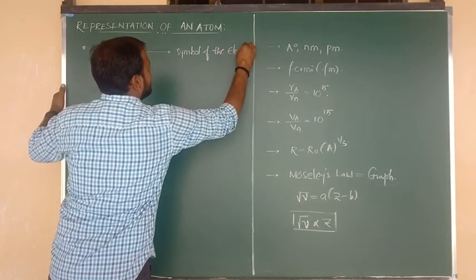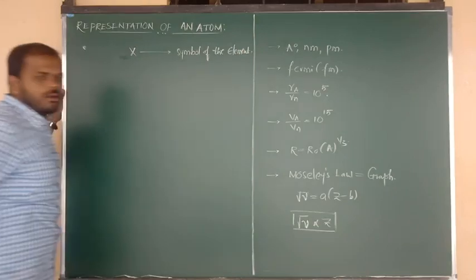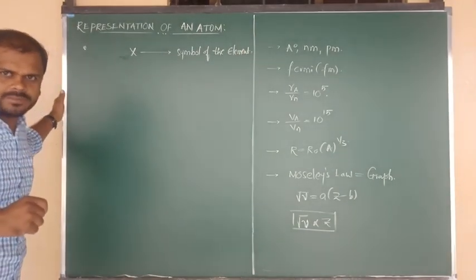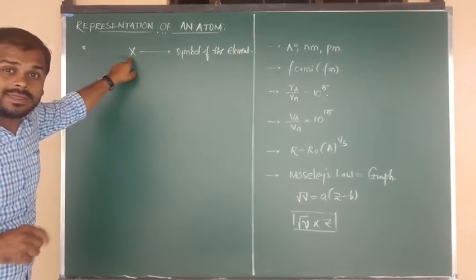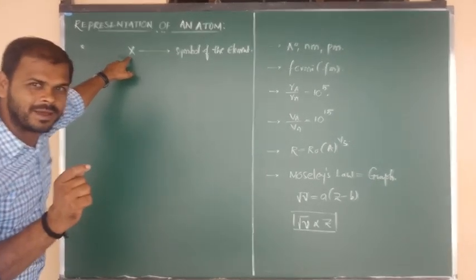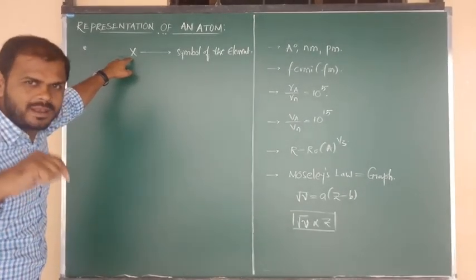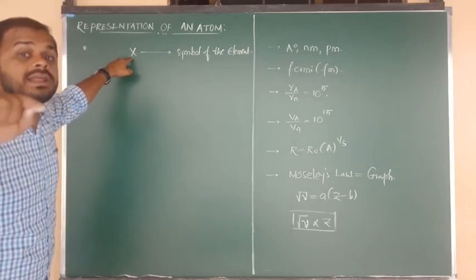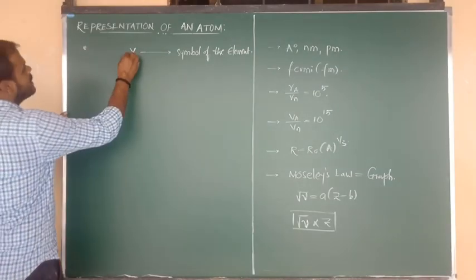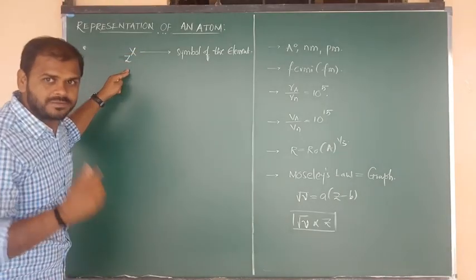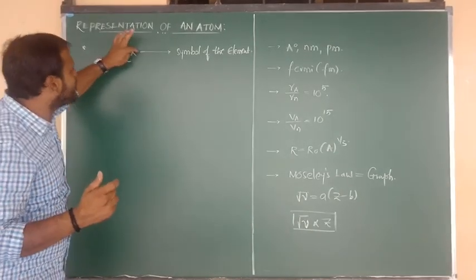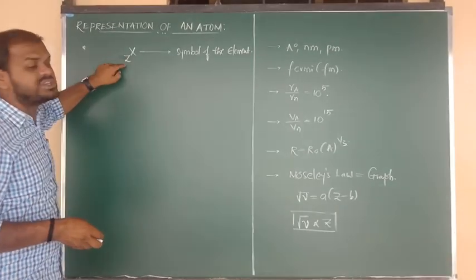After that, for that symbol we have to write a subscript, at the bottom of that symbol, the letter Z. We have to write Z in the form of subscript. The meaning is that at the bottom of the symbol we write the Z value.